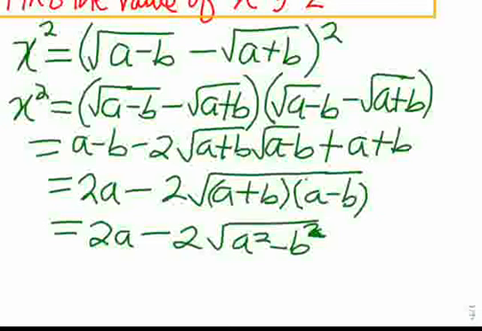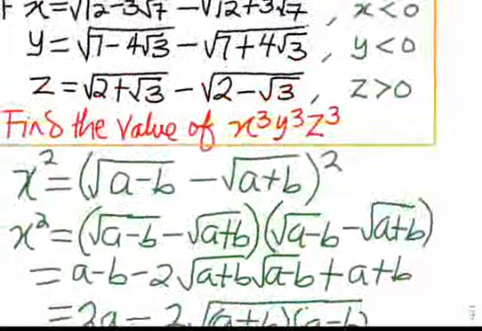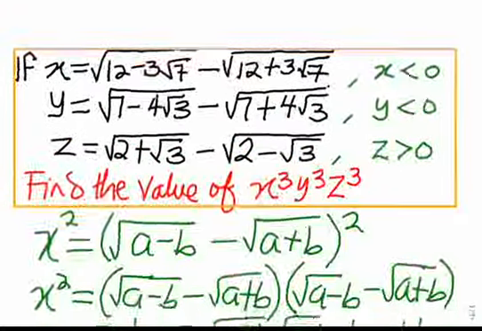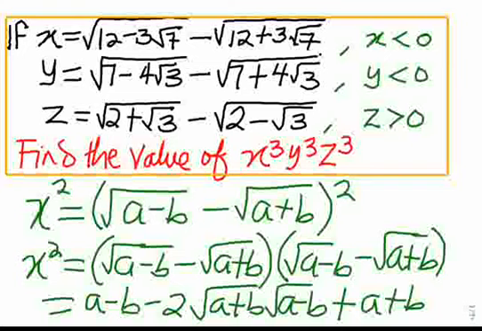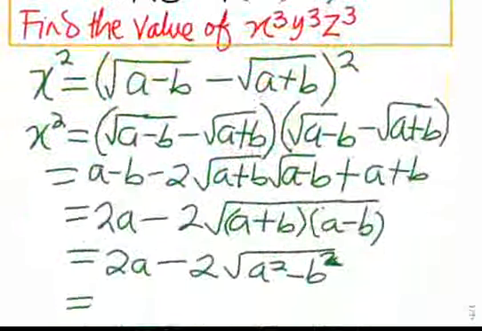So let's now substitute in. Now looking at the initial expression for x, our a is going to be taken as 12, and our b is going to be taken as 3 root 7. So let us substitute that in.